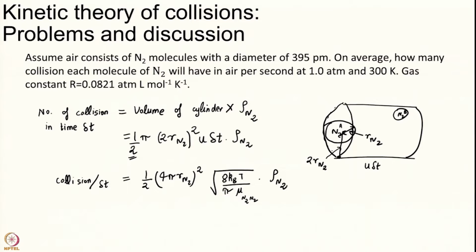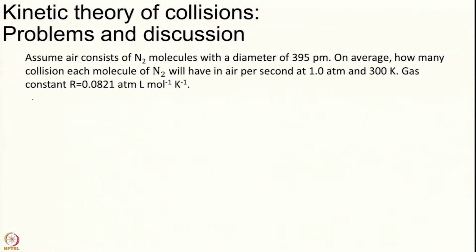We are going to calculate all of these quantities one by one and multiply them together. First, sigma equal to 4 pi R N2 squared. We have to be very careful of units, never mess up on that.